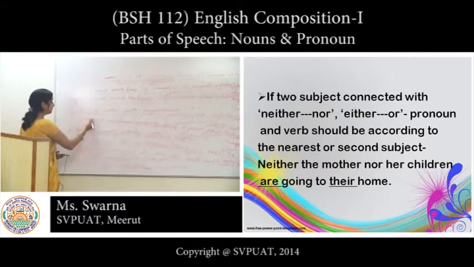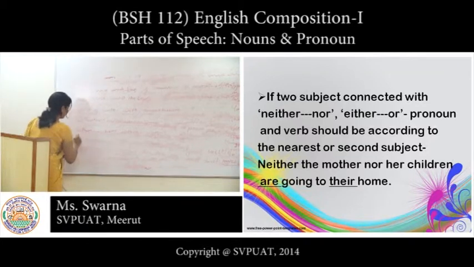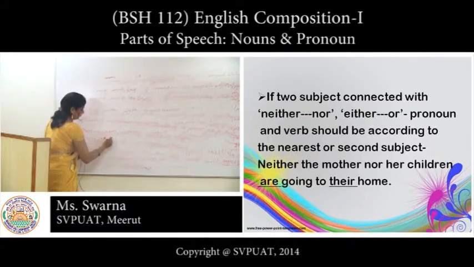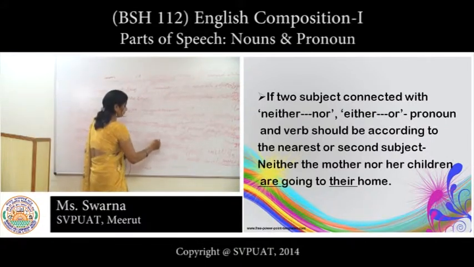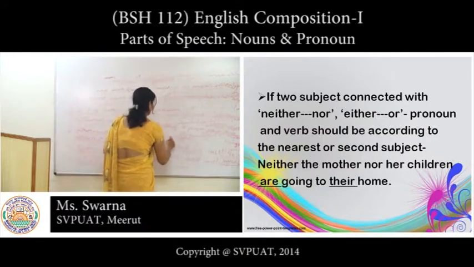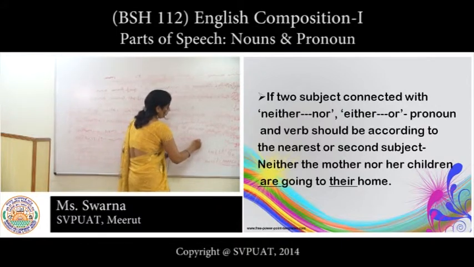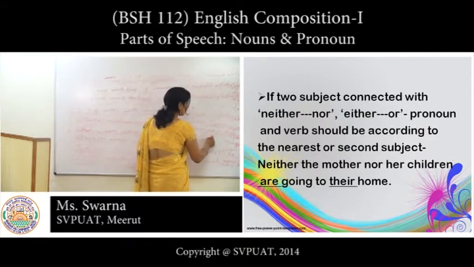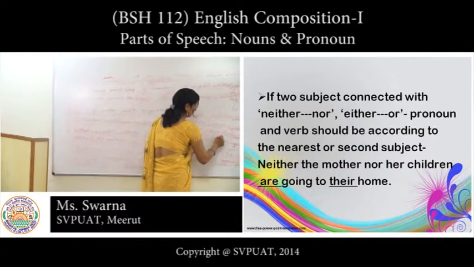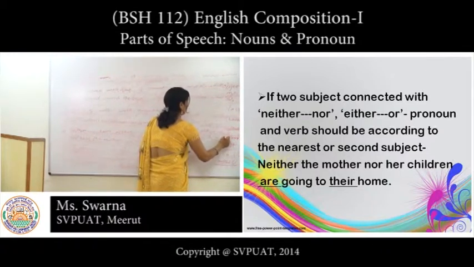Like we will take the same sentence using these words. Neither the mother nor her children are going to their home.